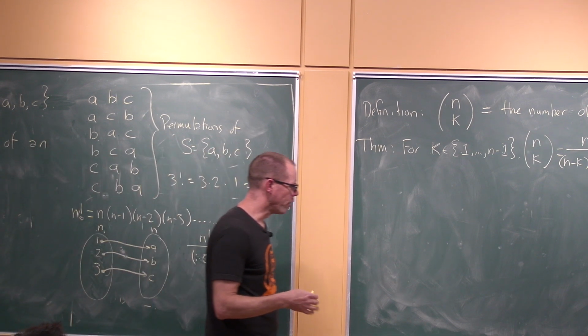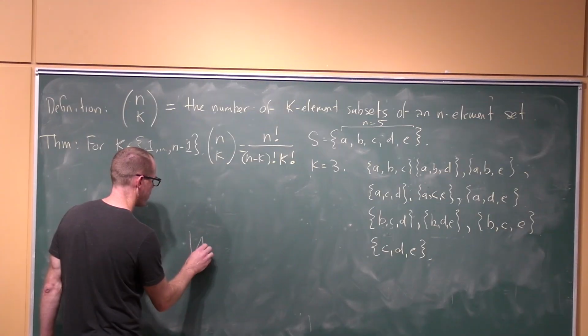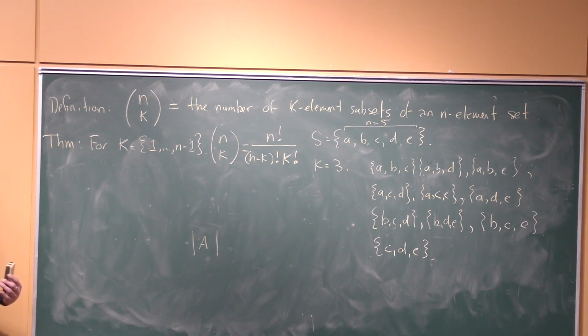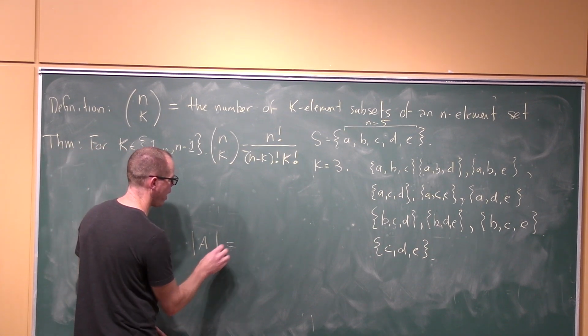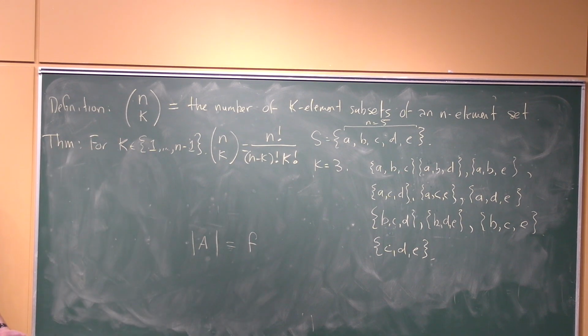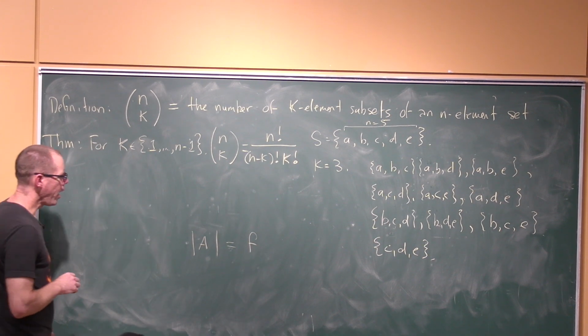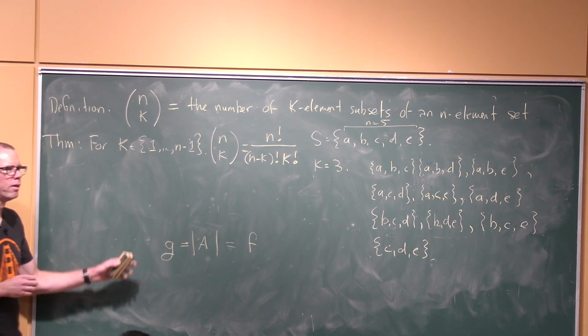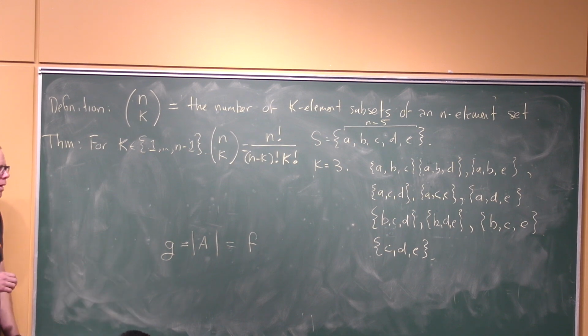So the usual thing with the trick is you pick some set A that's helpful for you to work with, that you can figure out the size of in two different ways. And you count one way, and you get some formula F for the size of A. And you count another way, and you get a different looking formula, G, for the size of A. Both of those things are correct, because you were careful and you did all your work correctly.